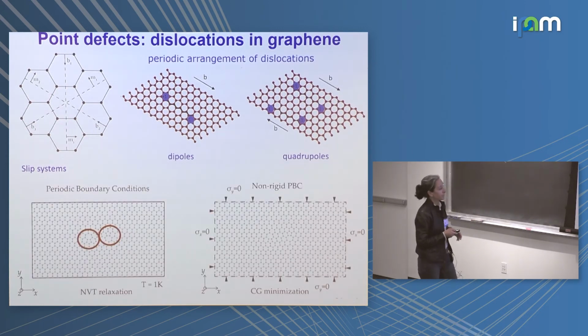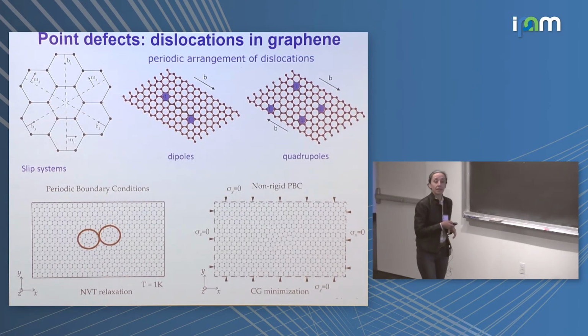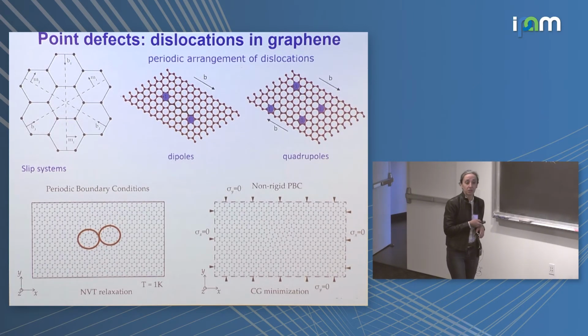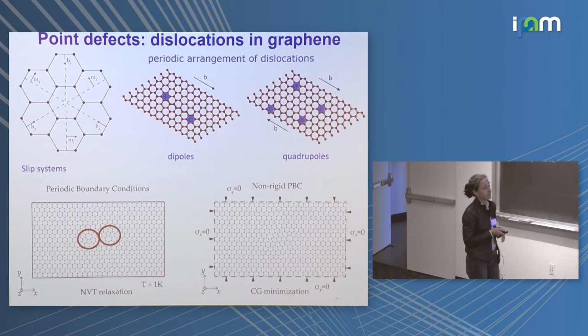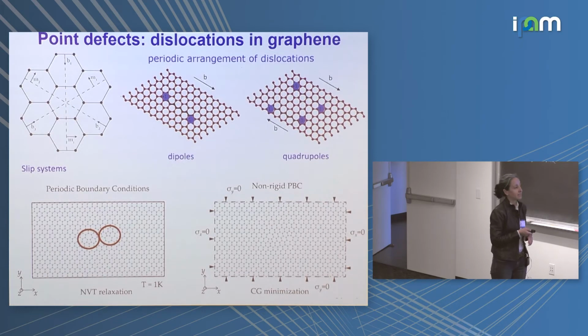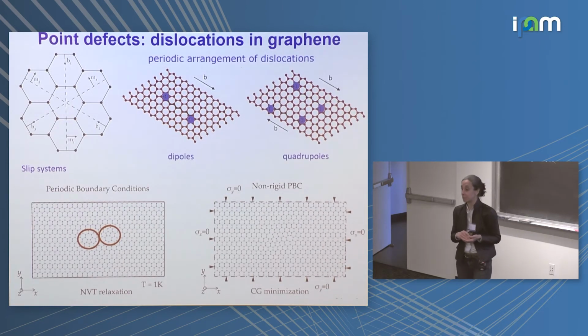So again, we use the same relaxation strategy. Periodic boundary conditions for the MVT relaxation, followed by this other relaxation with non-rigid periodic boundary conditions, flexible boundary conditions. This step is just accounting, remember, for the out-of-plane displacements.